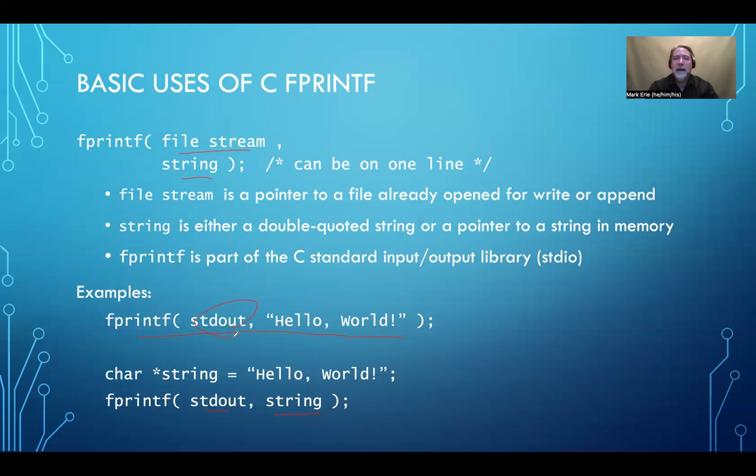There are 3 files that are opened automatically for you whenever you execute a compiled program. One of those is standard out, which by default would be our screen or terminal or console that we're using to run the program. We also have something called standard error, which is typically reserved for receiving information indicating some type of a problem or carrying some diagnostic information.